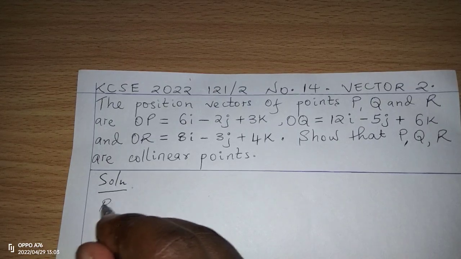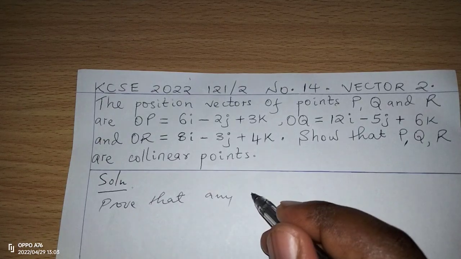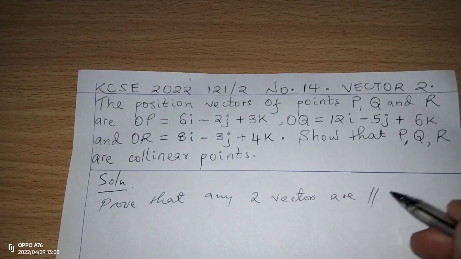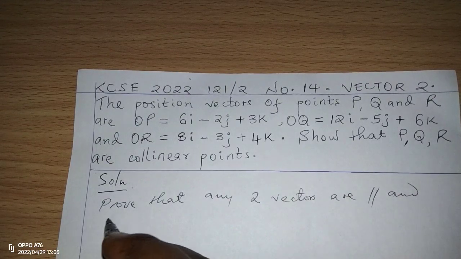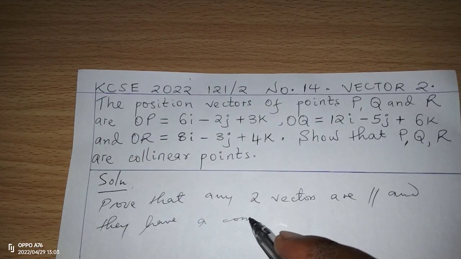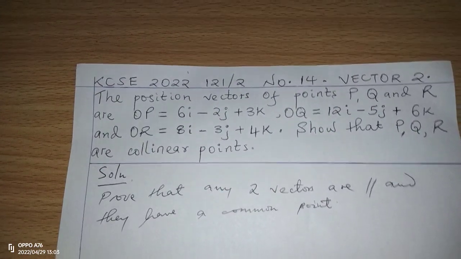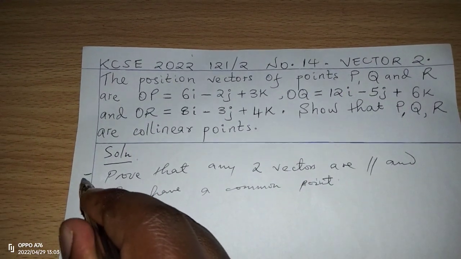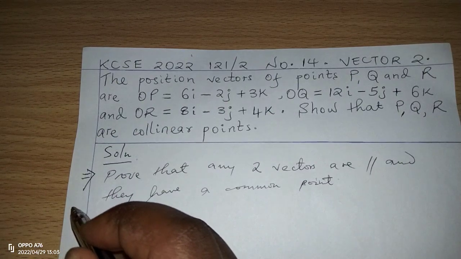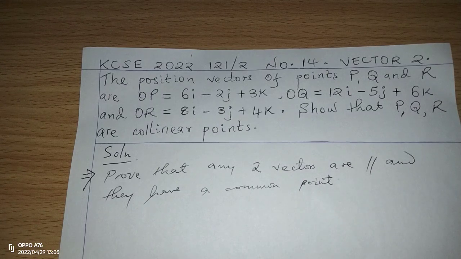Therefore, we prove that any two vectors are parallel and that they share a common point. This is what we call collinearity. The condition to satisfy that 2 or 3 points are collinear: show that 2 vectors are parallel and that they share a common point.